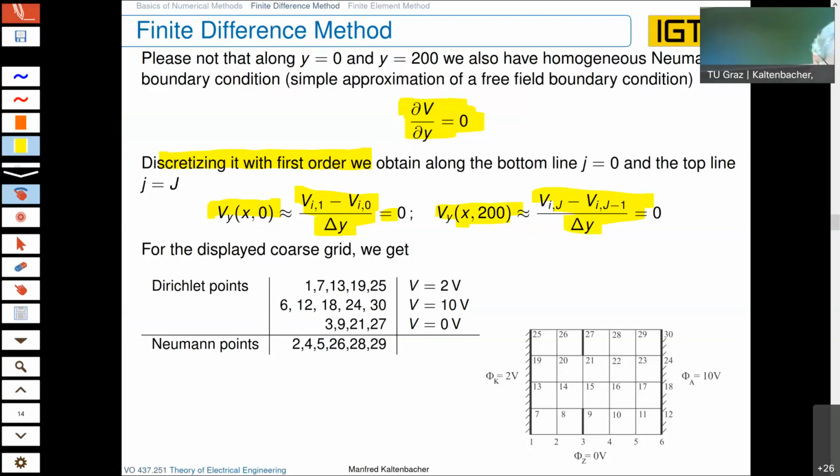Looking at a very coarse mesh, as shown here, we can again mark in blue what the unknowns are: this node, this node, this node, this node, this node. Take care also at these nodes, because there we know that the normal derivative is 0, but we don't know the value of the scalar potential itself. We just know dV/dy being equal to 0.